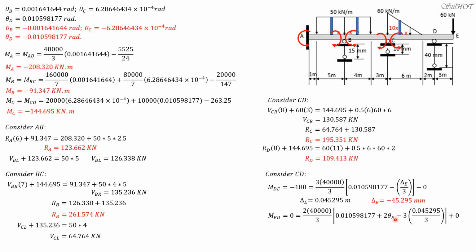So solving for theta E, which is the only unknown here, theta E is equal to 0.01734841115 radians. But the actual theta E is, because the rotation is clockwise definitely, and clockwise rotation is negative, so negative 0.01734841115 radians. So that's all for this problem.